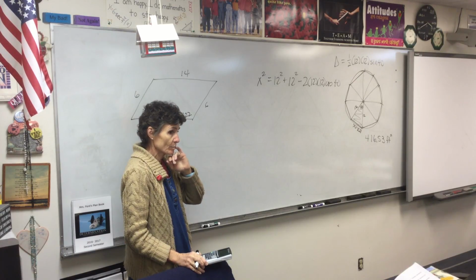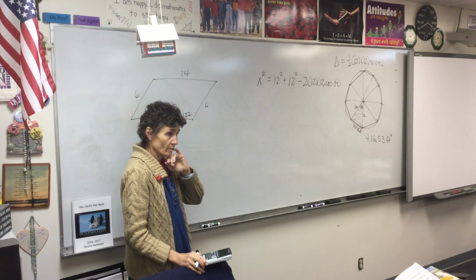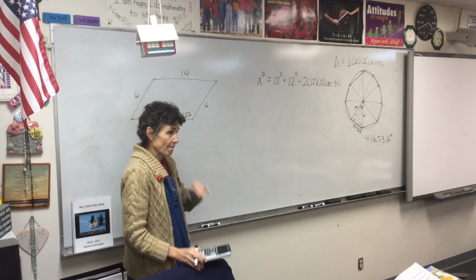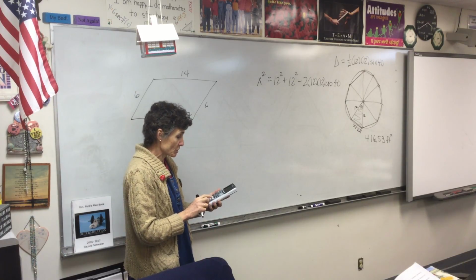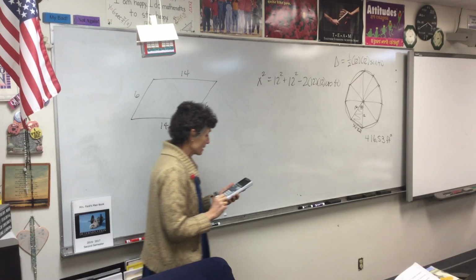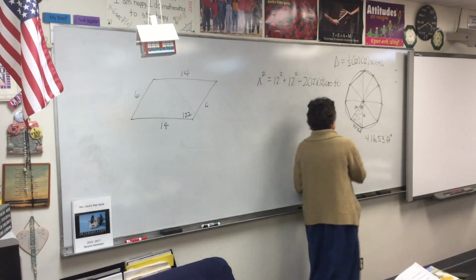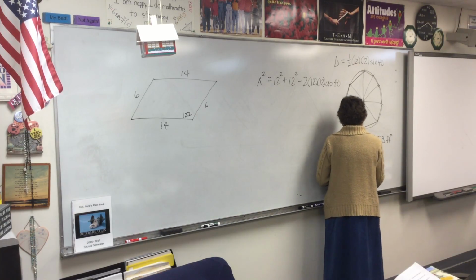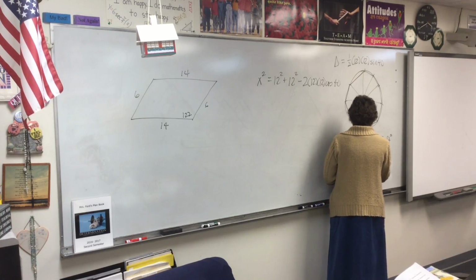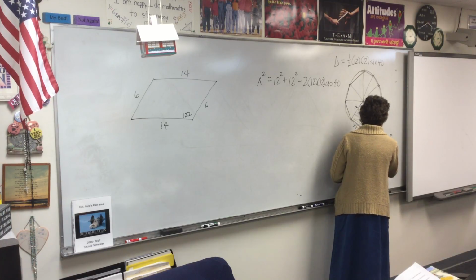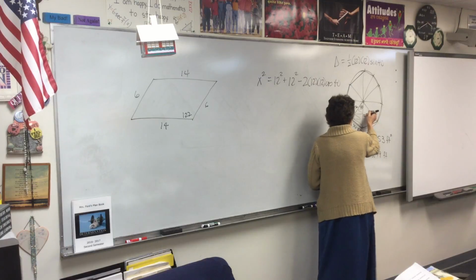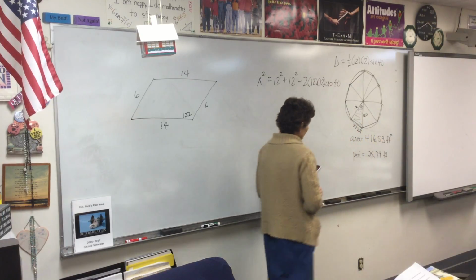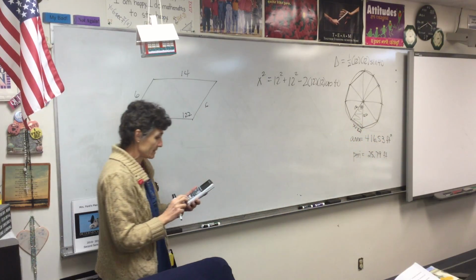Is that right? Yeah, I got that. So what would my perimeter be? I'm just going to hit times 9. And the perimeter, this was the area, the perimeter is 25.79. And if these were feet, then that would just be the perimeter is 25.79 feet.